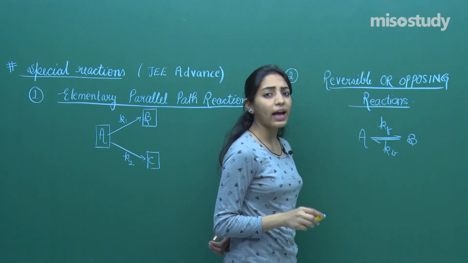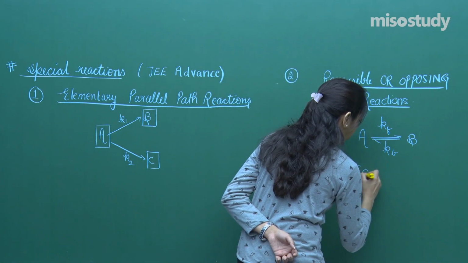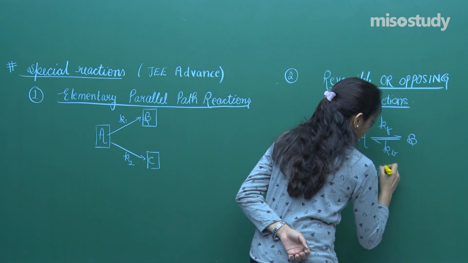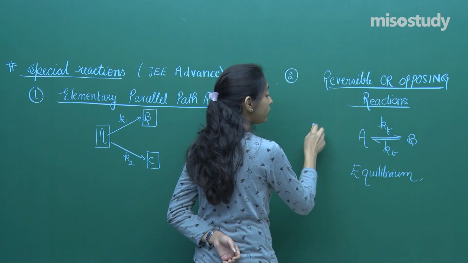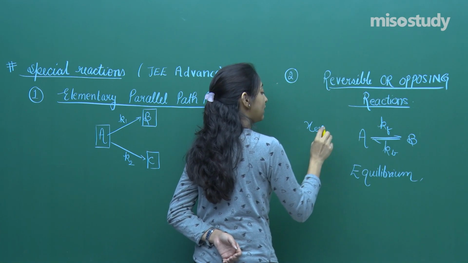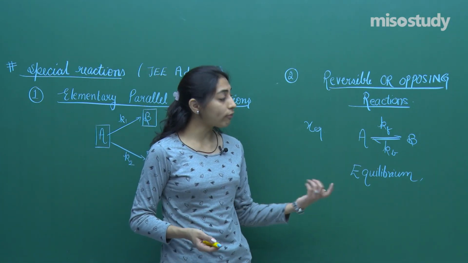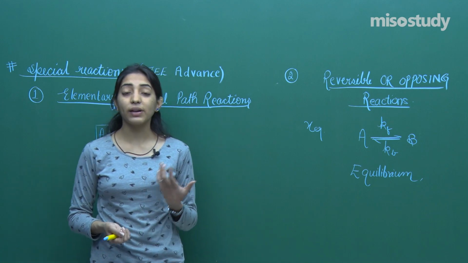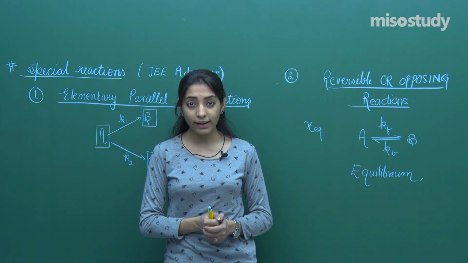And then we had this whole discussion regarding the establishment of equilibrium in such a reaction mixture, and also I remember talking in detail about the X equilibrium, which was the concentration of A or of B at the time when equilibrium was established in the reaction mixture, right?